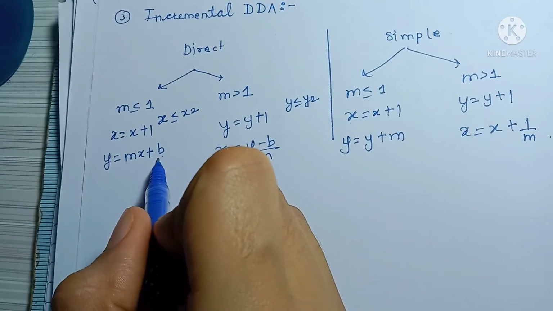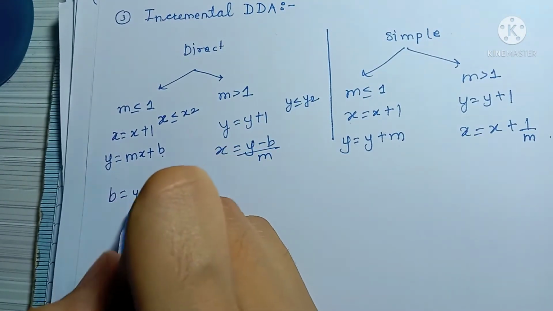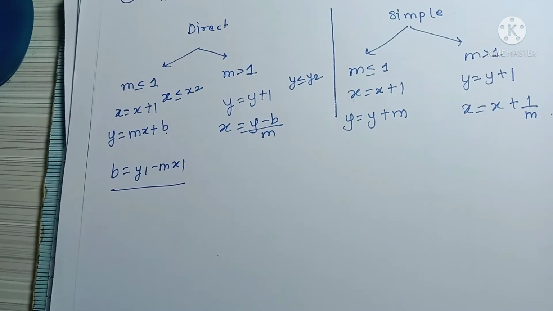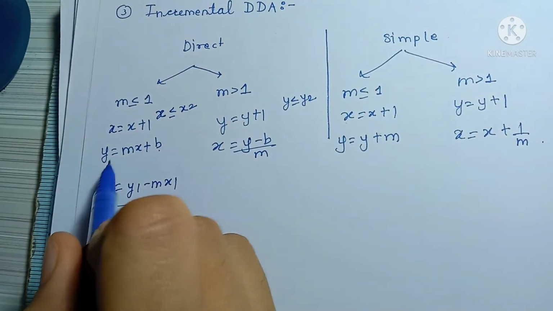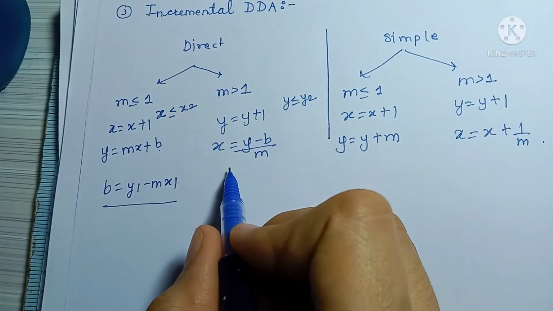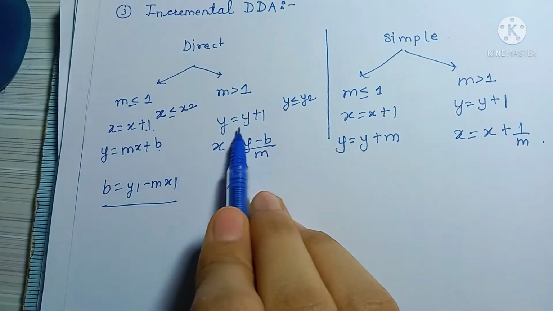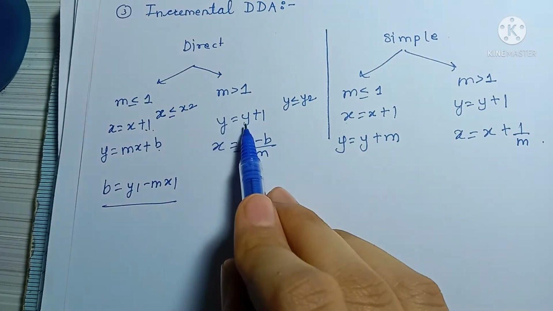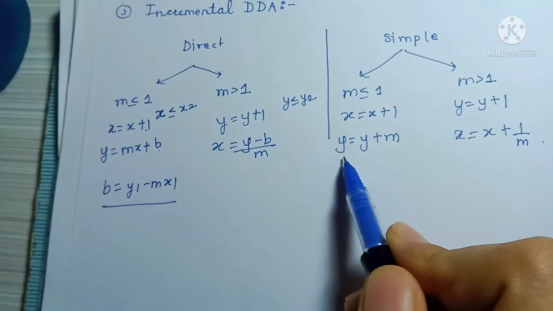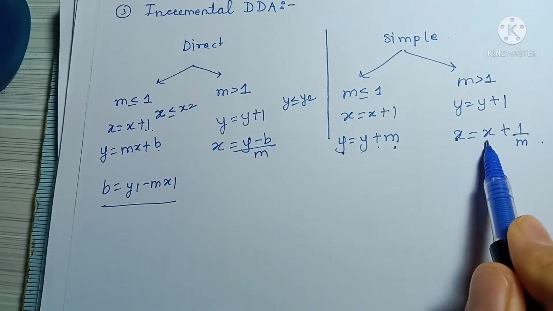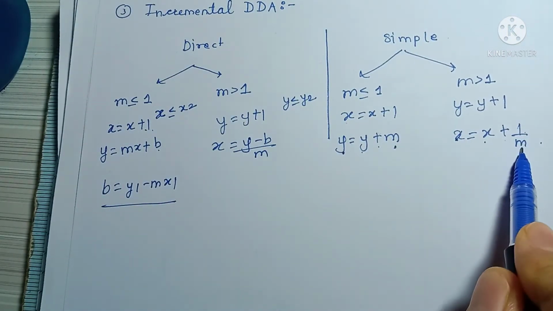B is nothing but your y-intercept, that is y1 minus m x1, and this is the new value of y. That is, x of i plus 1 is x plus 1, y of i plus 1 is y plus 1, that is, the next term is the previous term plus 1. Here also the next y is previous y plus m, and the next x is previous x plus 1 upon m.